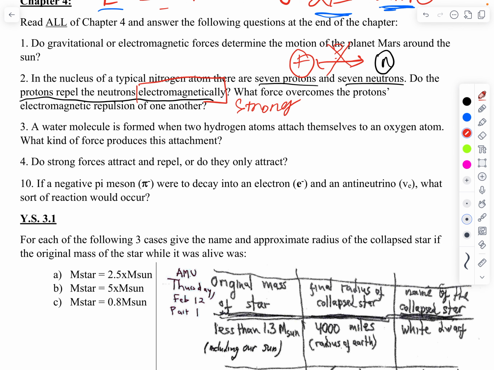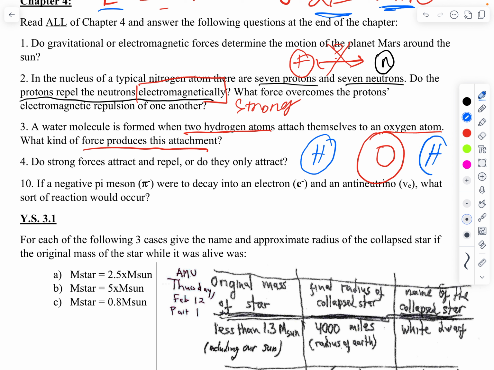Okay. A water molecule is formed when two hydrogen atoms attach themselves to an oxygen atom. What kind of force produces this attachment? To know this, you have to know the hydrogen atom and the oxygen atom.